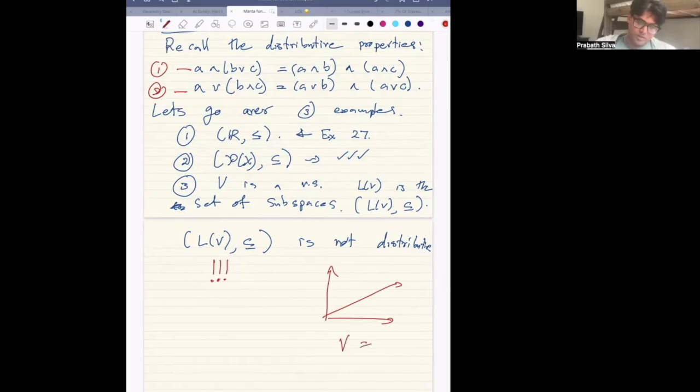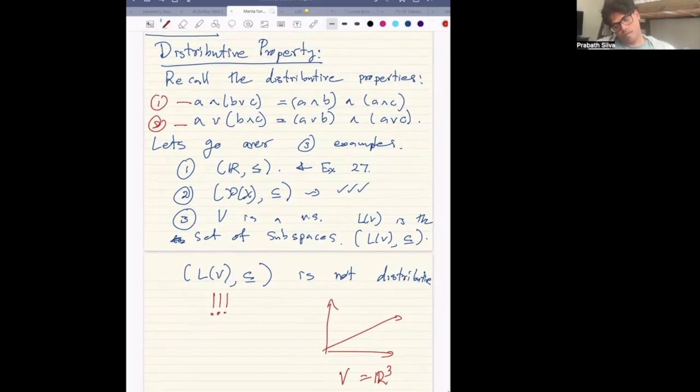Then A is the x-axis and B is the y-axis, because both these things are subspaces.